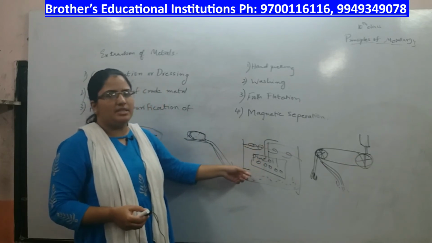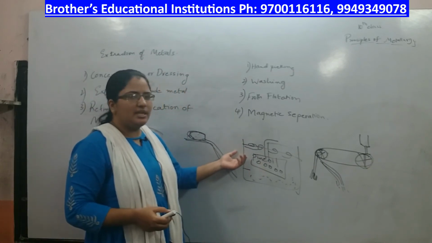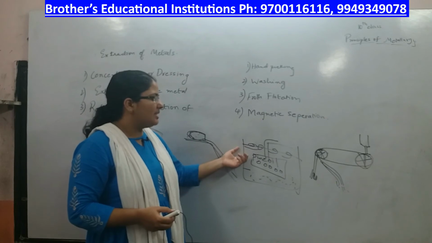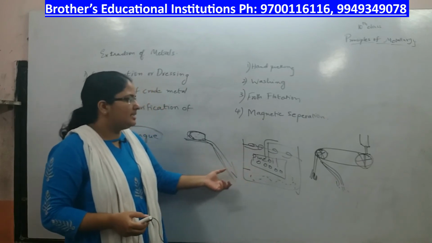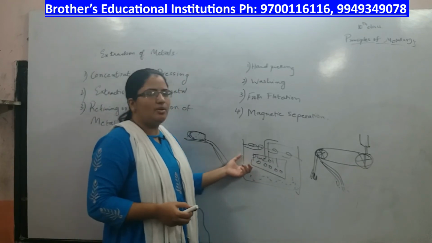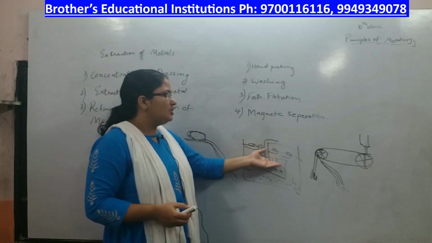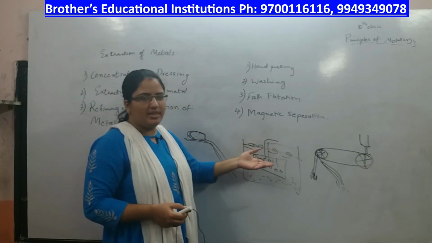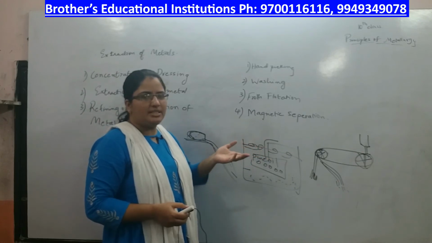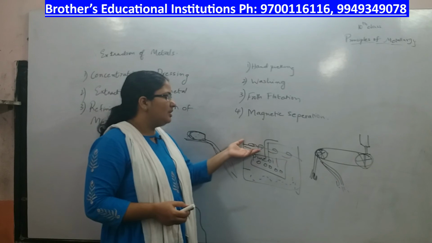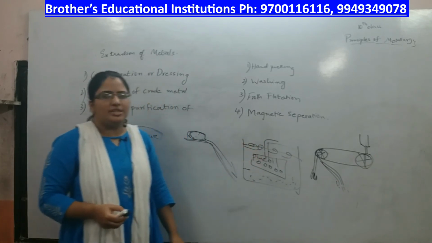Whenever air under pressure is sent into the water, the particles that got wet in the sulfide ores come and settle at the bottom, and the particles that do not get wet, that is the ore particles, the metal particles, will rise up like this. Whenever they rise up, they can be removed with the help of a mesh-like handle, a mesh having a handle. So that can be separated. So this is about froth flotation.